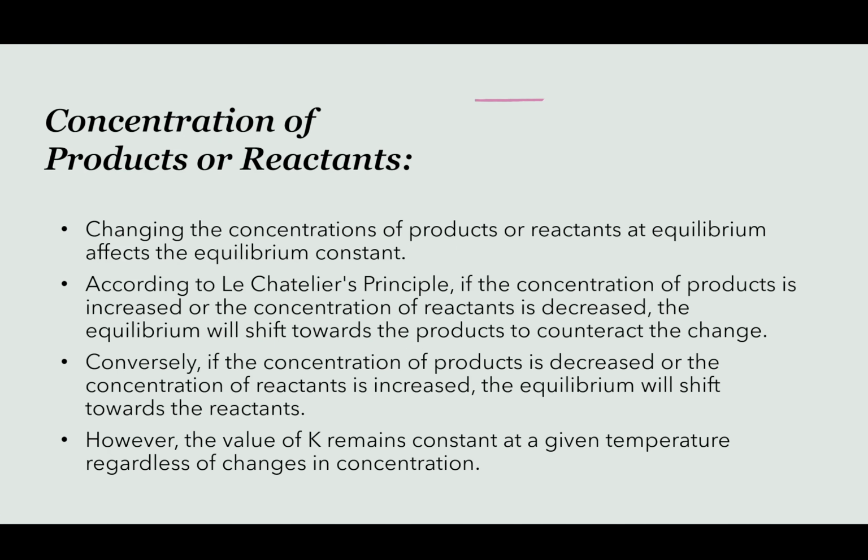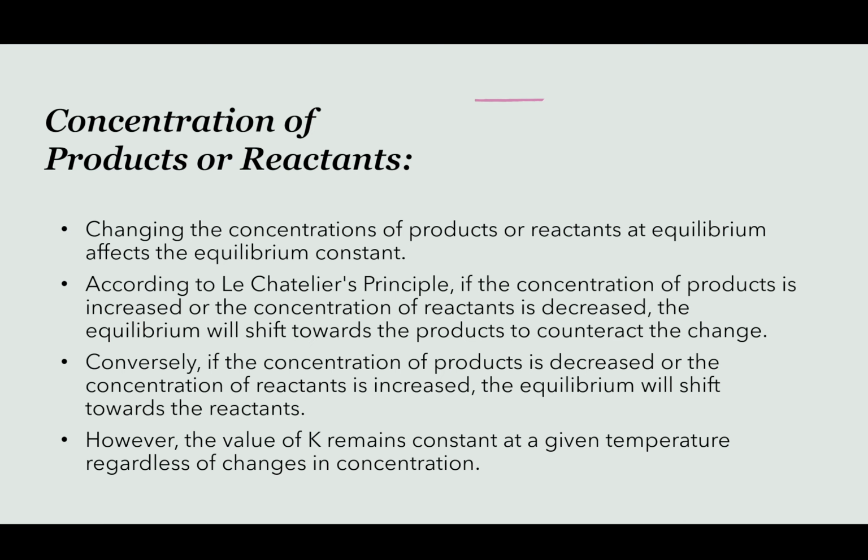So, concentration of products or reactants. Changing the concentrations of products or reactants at equilibrium affects the equilibrium constant. According to Le Chatelier's principle, if the concentration of products is increased or the concentration of reactants is decreased, the equilibrium will shift towards the products to counteract the change.